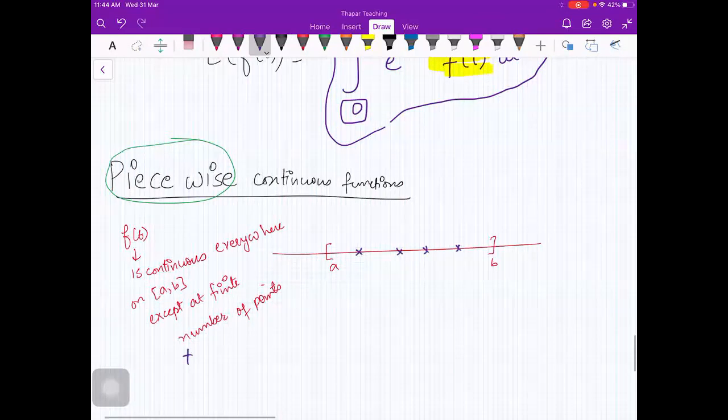And the discontinuity at these points is a jump discontinuity.